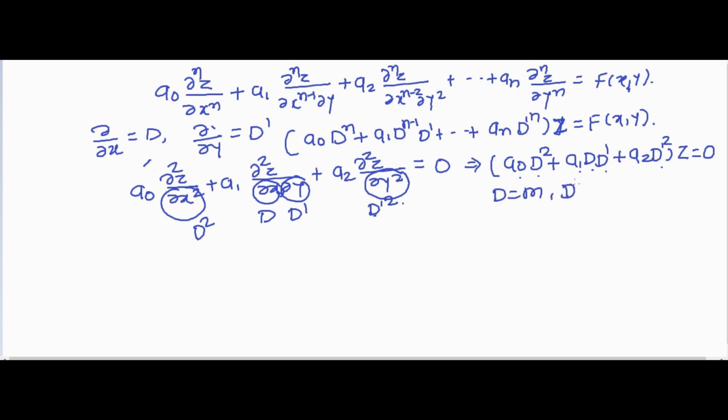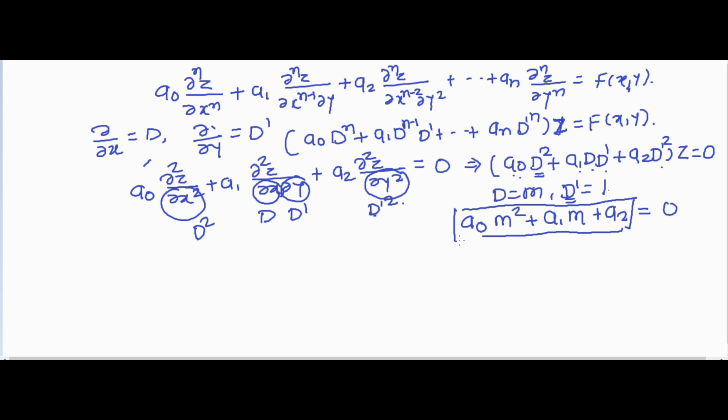Therefore we substitute D equal to m and D dash equal to 1. In this equation we get a0 m squared plus a1 m plus a2 equal to 0. This is converted into a simple algebraic equation.